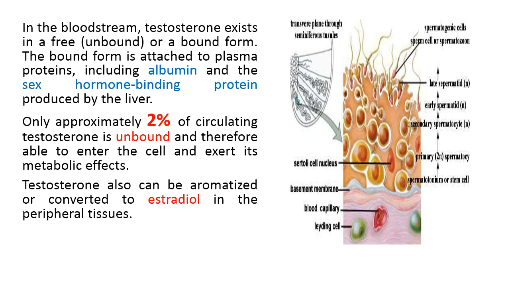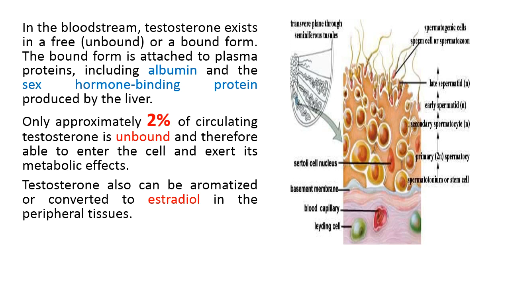As we continue talking about testosterone, in the bloodstream, testosterone exists in a free, unbound form or a bound form. The bound form is attached to plasma proteins, including albumin and sex hormone binding globulin, which is produced by the liver.